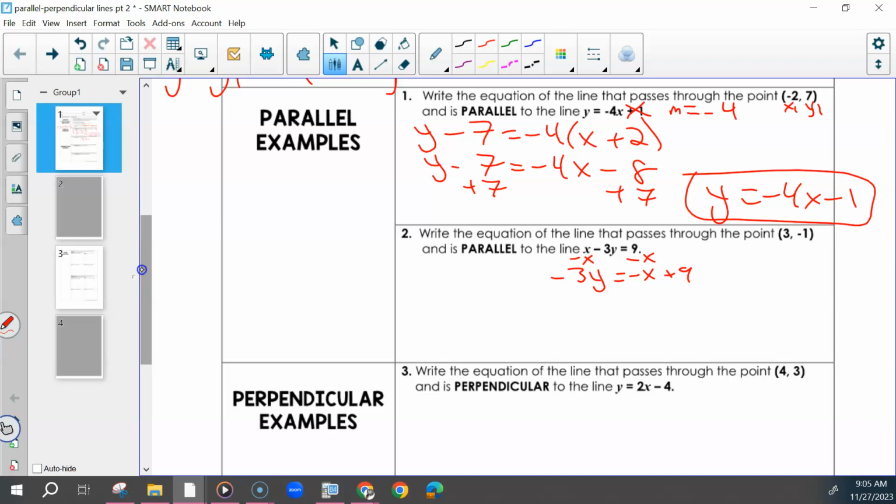Divide everything by -3. So y equals positive 1/3 x minus 3. This is not the answer to your problem. We just rewrote the original. So we can cross out the y-intercept. We don't need it.